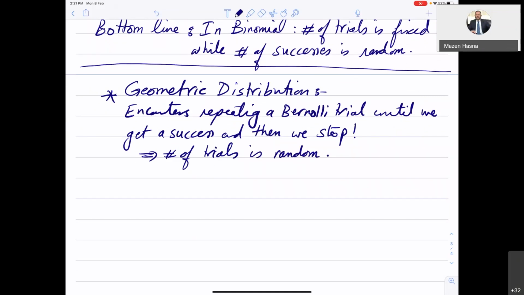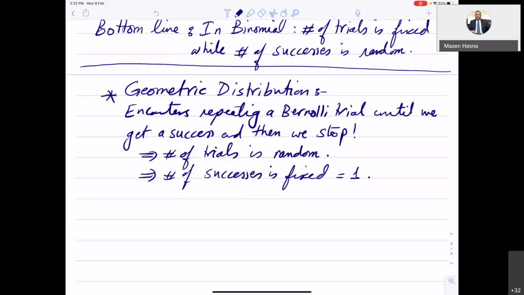So the number of trials is random, while the number of successes is fixed, which is 1. I'm telling you, stop at 1. So I cannot calculate the probability of success, because by design, the experiment we are interested in is to repeat the experiment until you get a success, and then you stop.